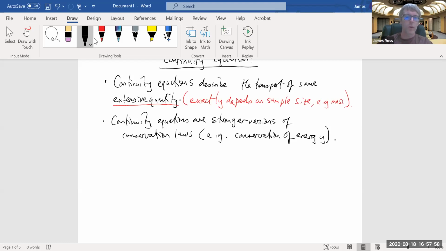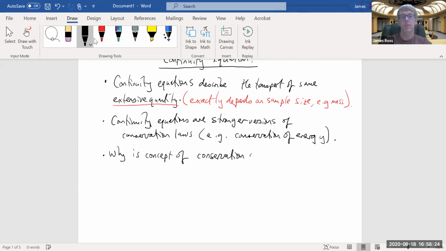So what do we mean by a stronger version? Well, let's consider the weaker statement. A weaker version of a conservation law is a statement that energy is conserved. So why is the concept of conservation of energy a weaker statement?